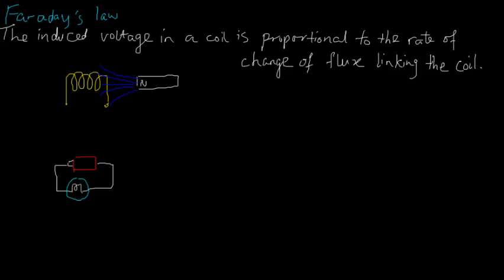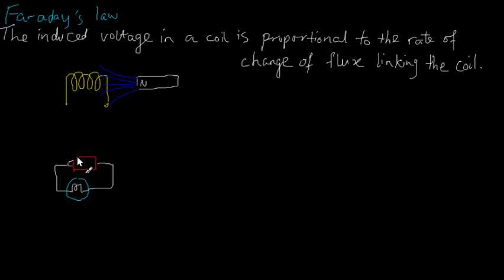So in the same way, if the magnetic flux changes fast enough, the induced voltage would be enough to actually light up a light bulb to produce electricity. So in that sense, this coil is very similar to a battery.